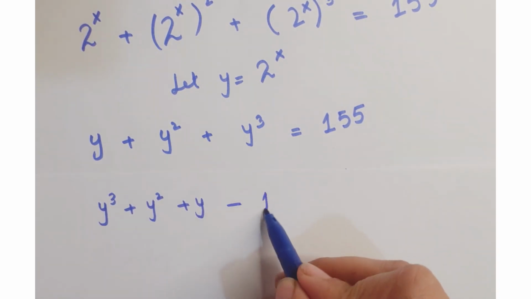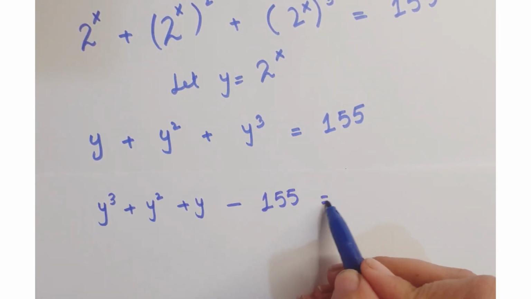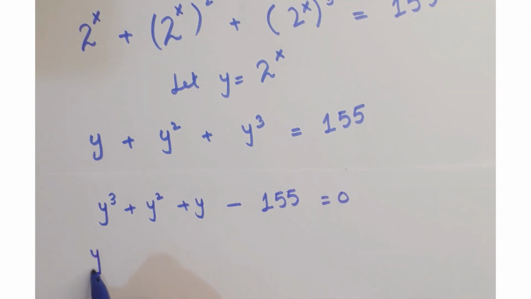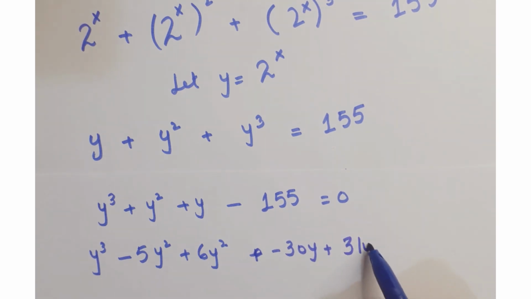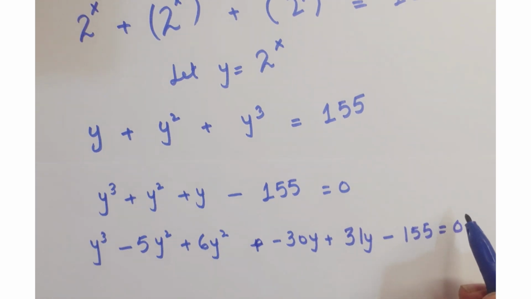Moving this 155 to the left hand side, further you can write this y cube, this y square can be written as minus 5y square plus 6y square, and this y can be written as minus 30y plus 31y minus 155 is equal to 0.